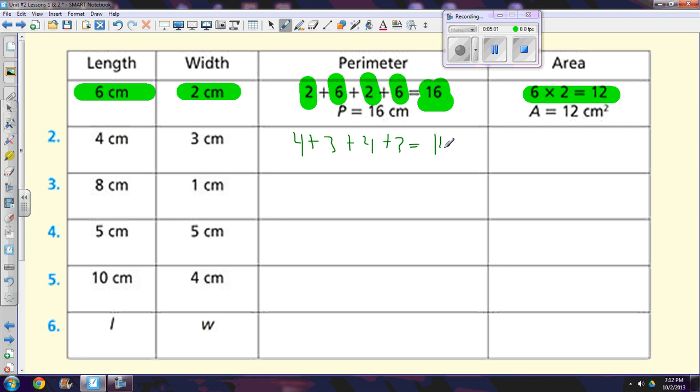So your perimeter would be 14 centimeters. Length is 4. Width is 3. So you have 12 centimeters squared. Go ahead and complete 2, 3, 4, 5, and 6 exactly the same way, in your black notebook, please.